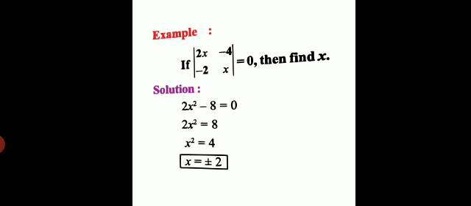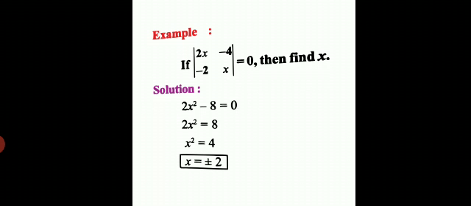Then minus 2 into minus 4 will become minus minus, plus 8. There will be already minus, so it becomes minus 8. 2x square minus 8 is equal to 0.